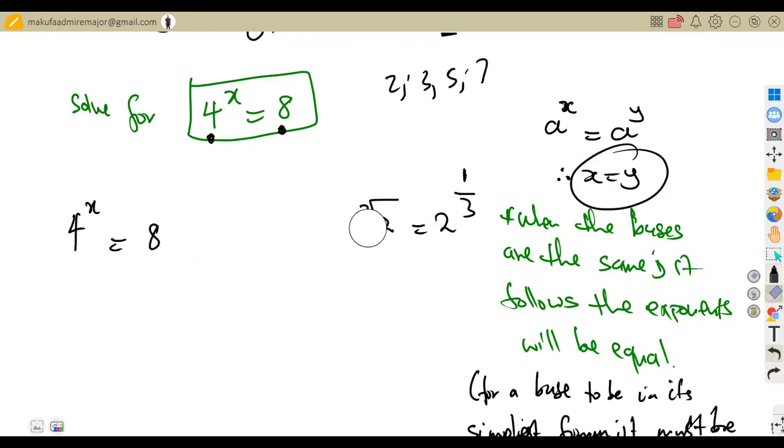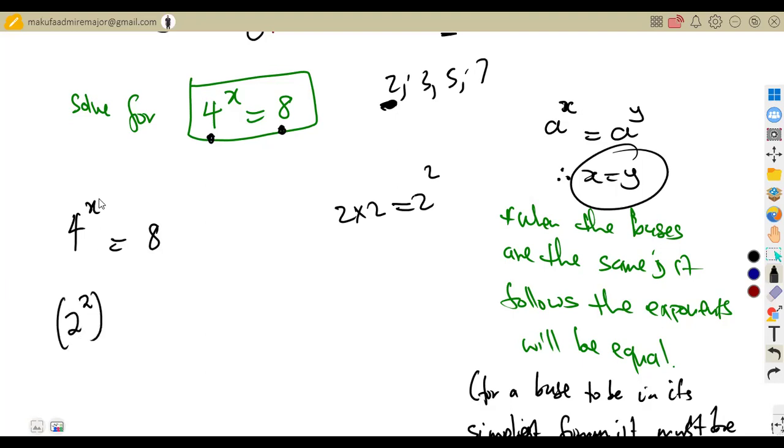That was our question. So like I was saying, 4 in its simplest form can be written as a number in base of 2. Remember, 2 times 2 gives us 4. So that's 2 to the exponent of what? 2 to the exponent of 2.